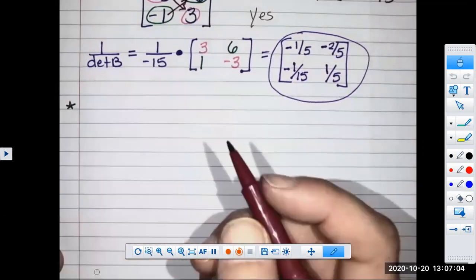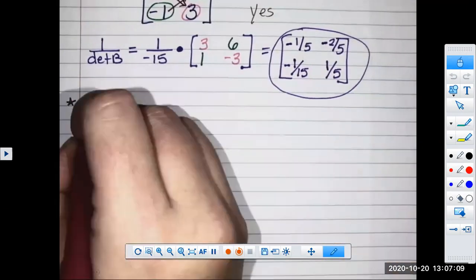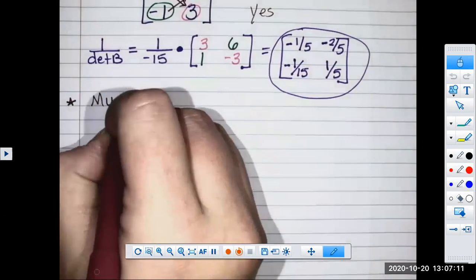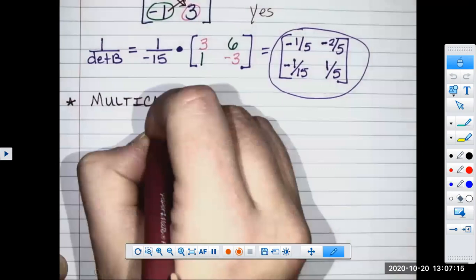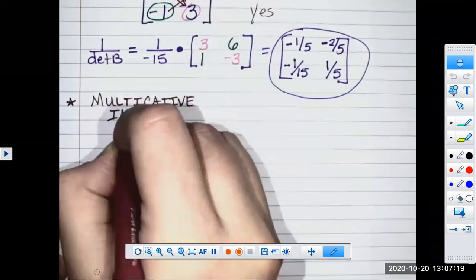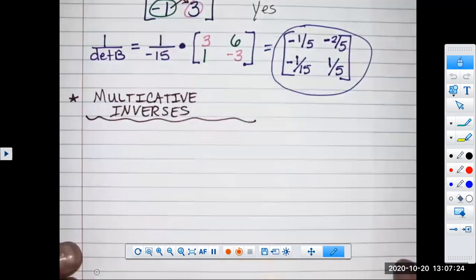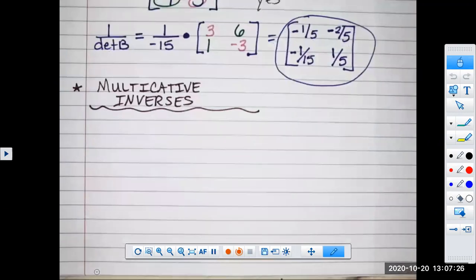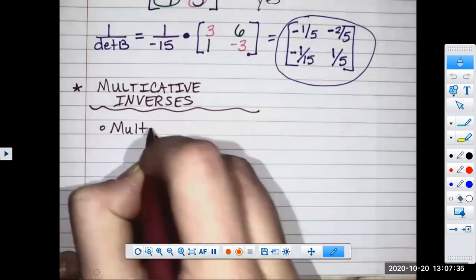The only reason I ask is because in this 12-3, 12-4 assignment, they ask you about multiplicative inverses. They're going to ask you, are two matrices multiplicative inverses of each other? And all you have to do is multiply your matrices together.